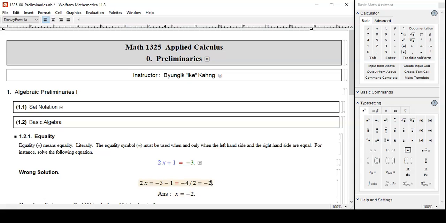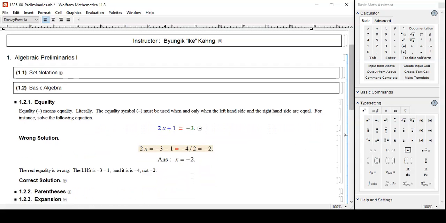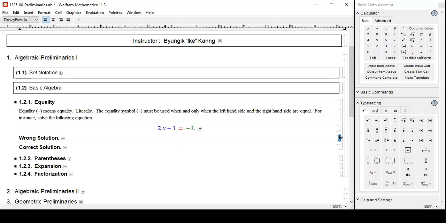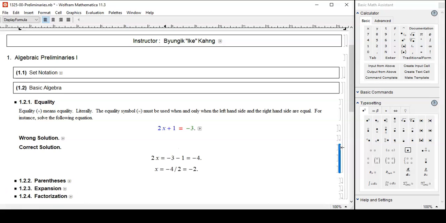Correct answer, wrong solution. How much do you get? Half the credit if you're lucky. Depending upon the objective of the problem, your score may go down all the way to 3 out of 10, maybe 2 out of 10. There can be many correct solutions, but here is one attempt. Flip this one to the other side, so negative 3 minus 1, so it's equal to negative 4, and then stop.